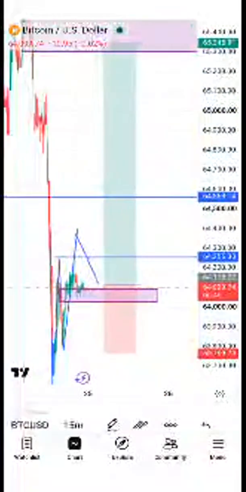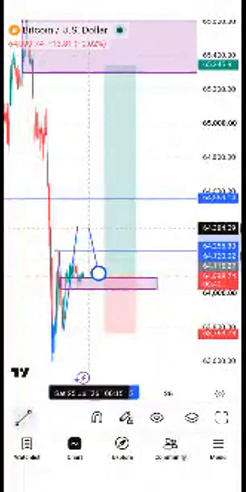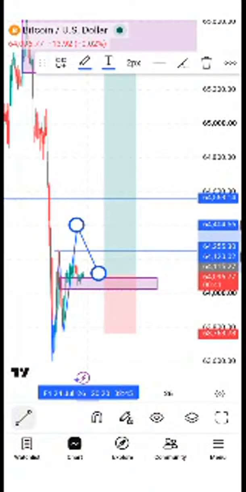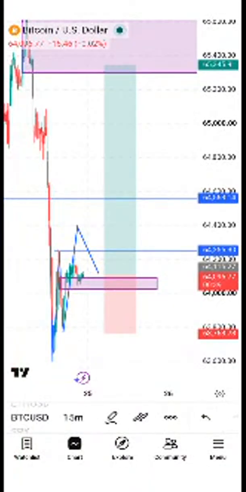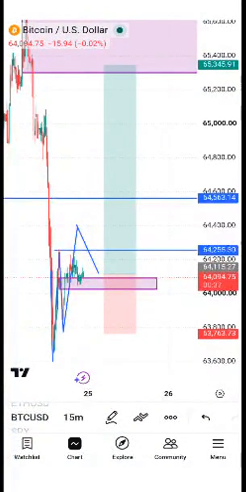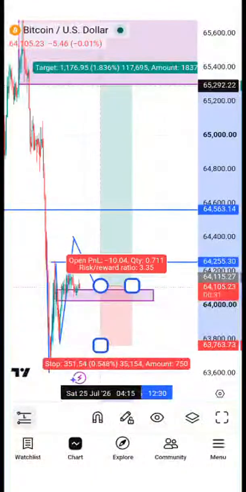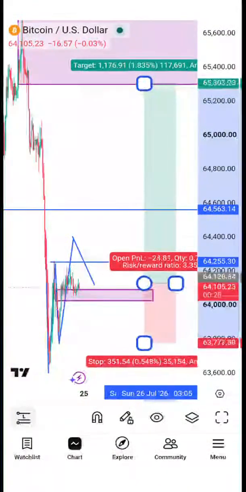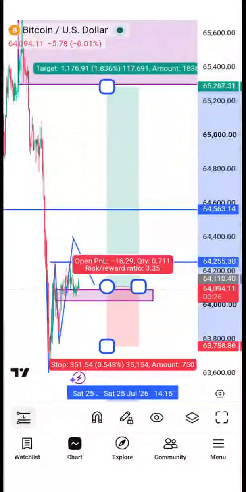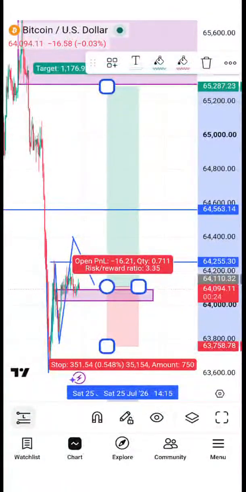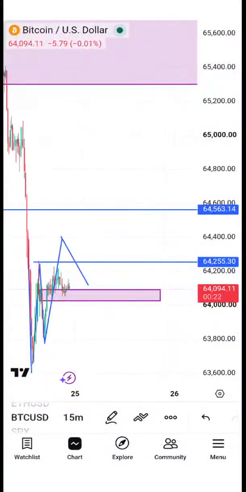That's what I'm expecting. Right now, I'm just going to be watching what is happening. We are not going to execute any trade. We are going to wait. Let me just remove this because people will end up buying.